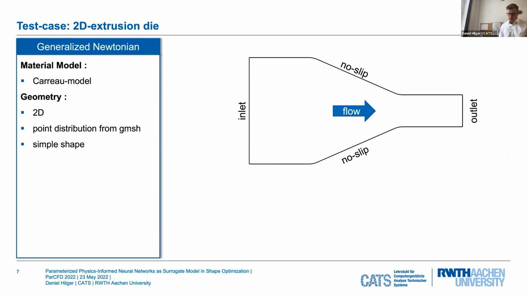Now, if we want to apply this approach to the extrusion process, we first extended the state of the art of PINN development by introducing the non-Newtonian Carreau model into our PINN. For that, we took a rather simple 2D geometry and tested on that.